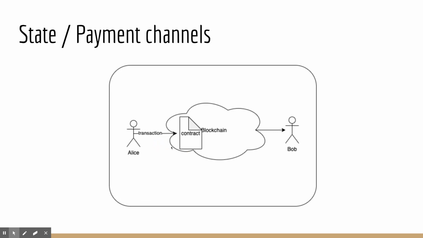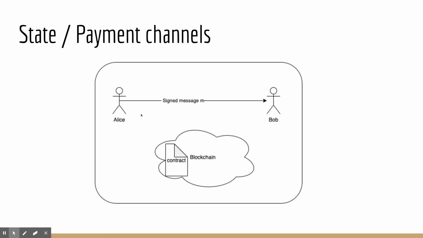And how a payment channel works is by locking up funds in a contract. So what Alice will do is lock up the funds in a contract using a transaction. So let's say she locks up 10 currency, and now once the funds are locked, Bob is satisfied that he will get at least the amount that's locked in the contract.